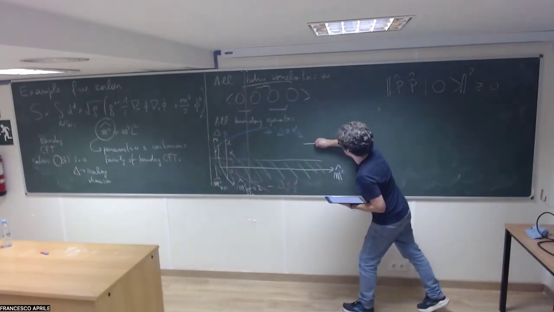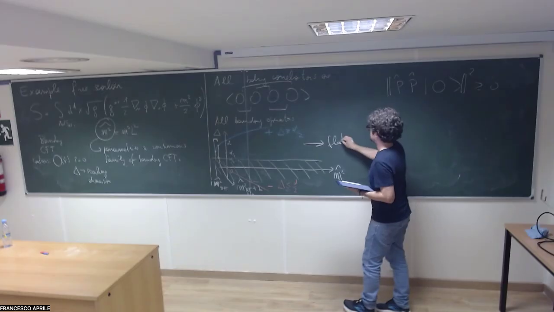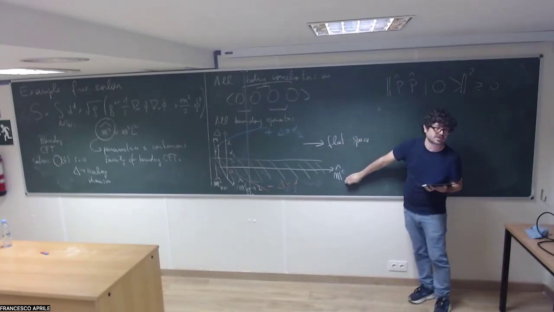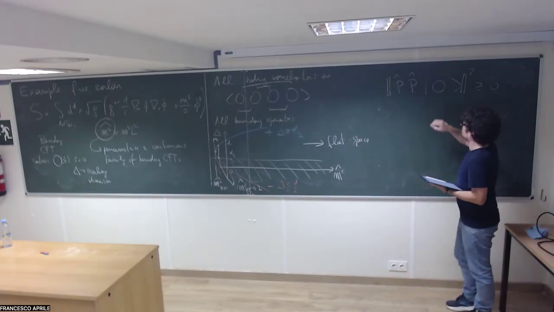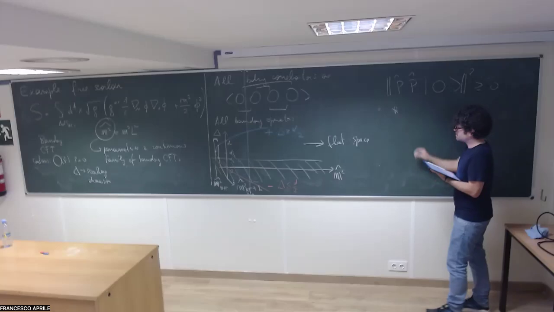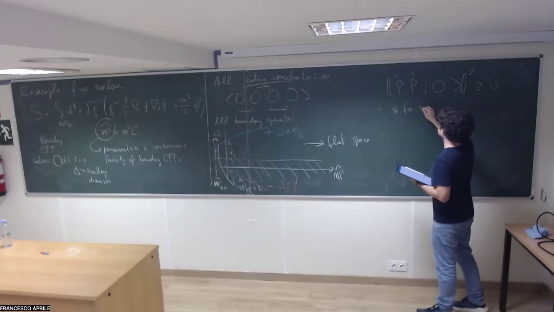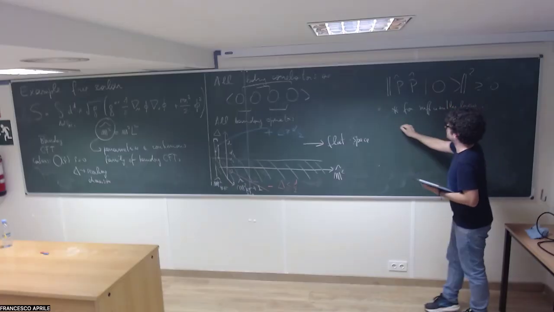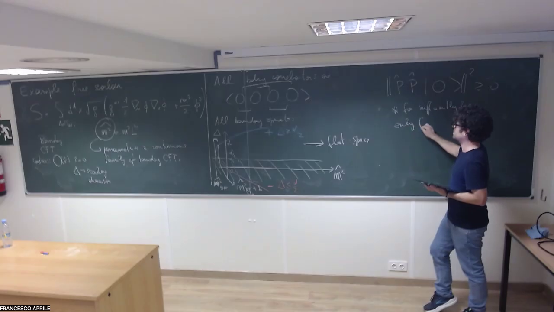Just to say also that here there is a flat space limit, right? Flat space is here because this radius is big. So what are the features that I want to stress? One thing that I want to stress is that for a sufficiently large radius, I have only one option for the BCs.